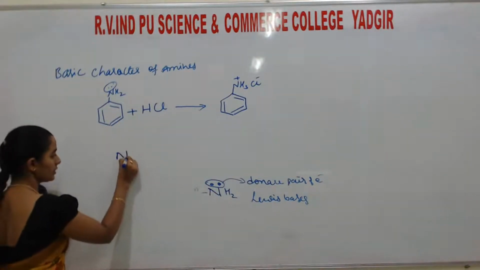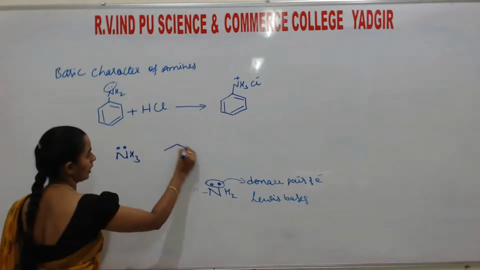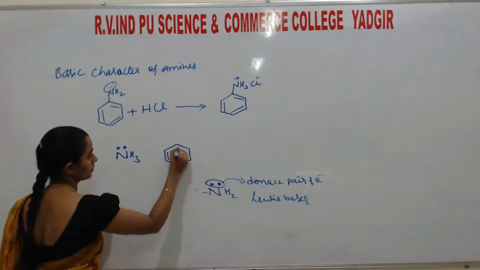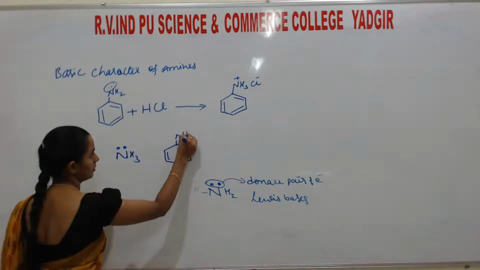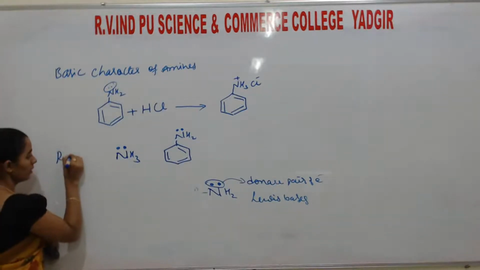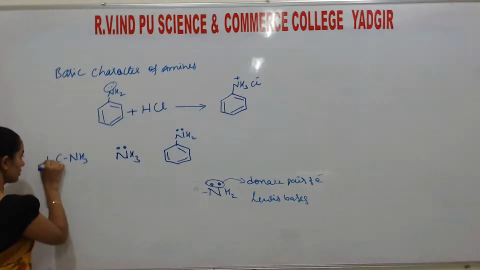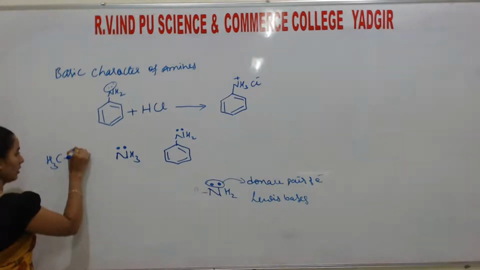Ammonia is there, NH3. Aniline is there, with NH2. And methanamine, CH3NH2.